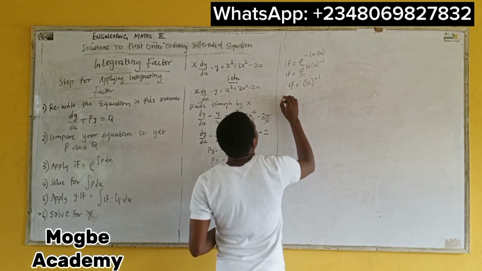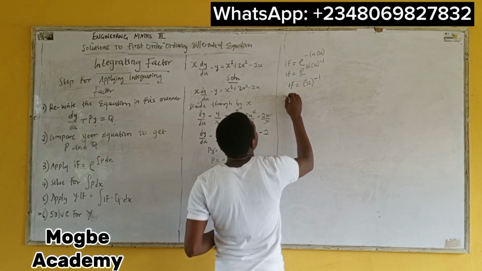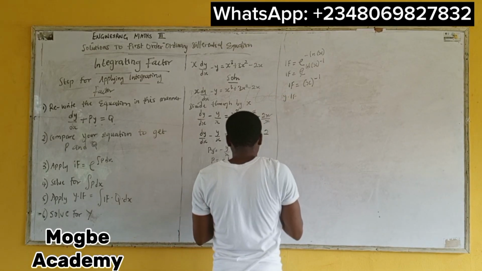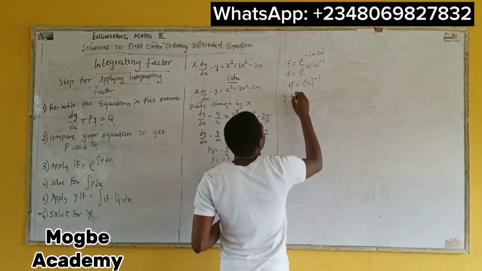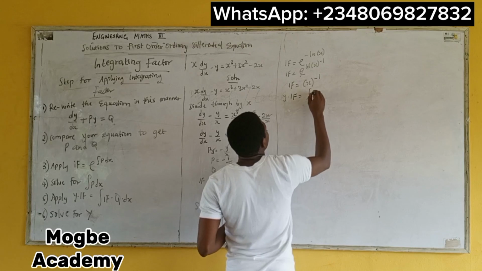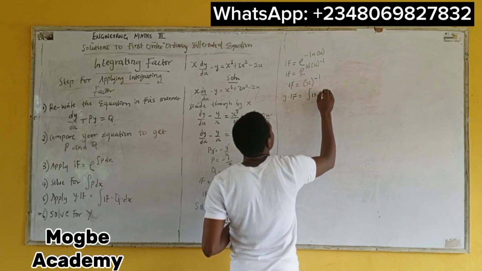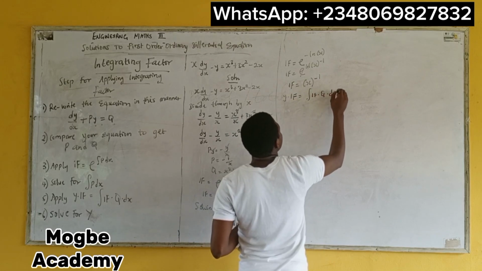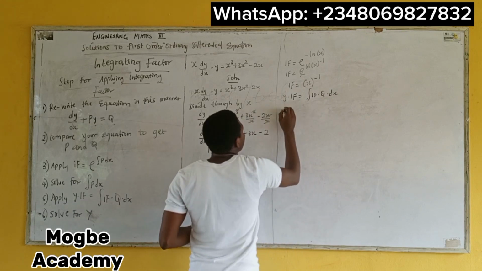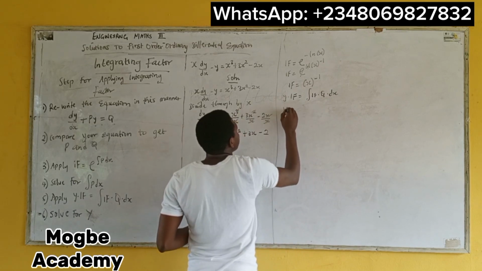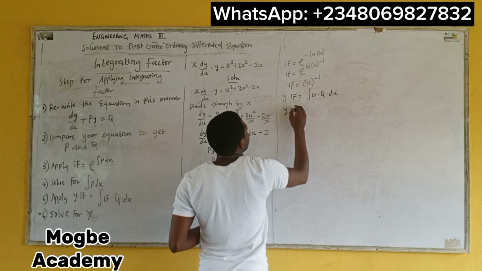Now, this is equal to what? Y dot if. We've gotten our if. If is equal to integral of if dot q dot dx. That's what it says. We know that y is what? We know y is a constant, and we've gotten our if to be what?